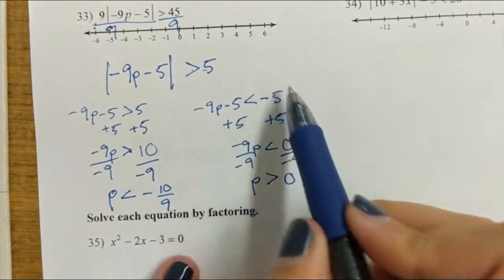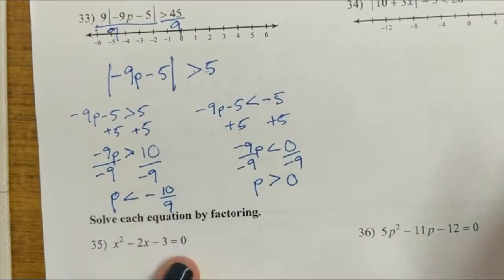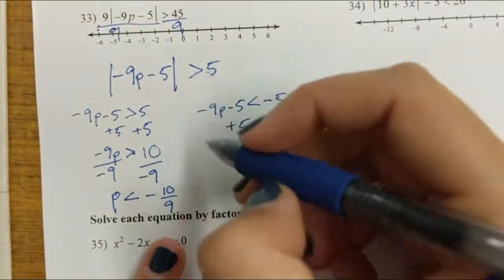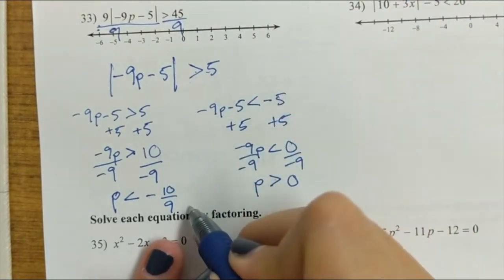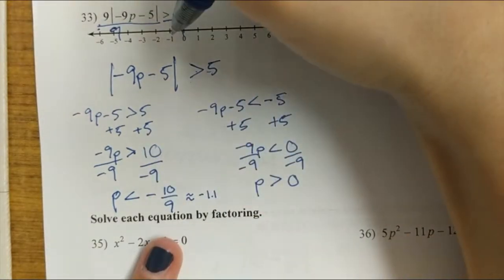So now we're going to graph it just to help us with interval notation. So negative 10 over 9, I'm going to put that into the calculator just to get a decimal just for graphing. So that's about negative 1.1.